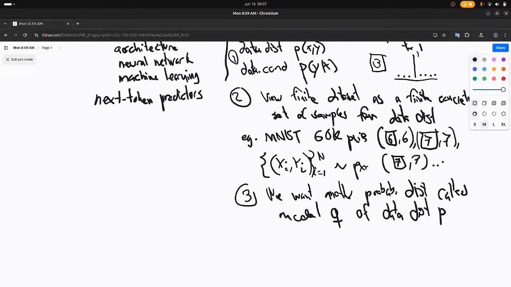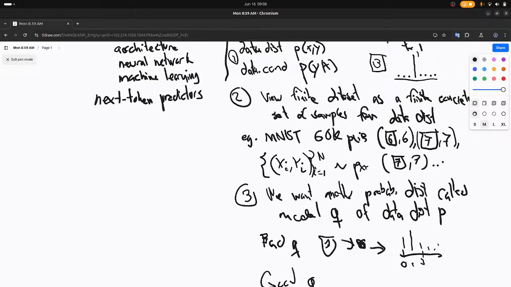This can be good or it can be bad. A bad Q would maybe say I have an image of a 3, I put it through, and I get something where it thinks it's quite likely that it's a 0 or a 1 and actually does not think it's a 3. Or I can have a good Q, it goes through and it takes high value on 3 and low on the others.